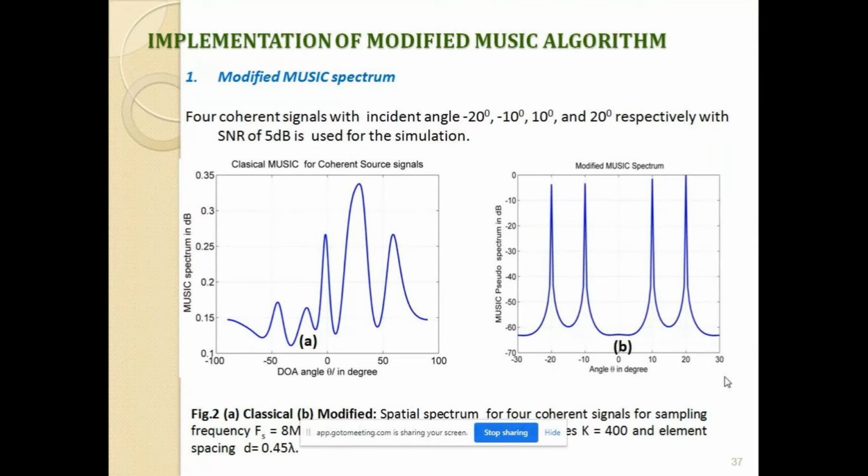So we can see that the direction of arrival estimation presented in the first figure for the coherent signal is deviated when the MUSIC algorithm is applied, whereas with the modified algorithm, if we assume four signals with required estimates of minus 20, minus 10, 10, and 20, our algorithm is very precise in estimating the direction of arrival, even in the presence of coherent signals.